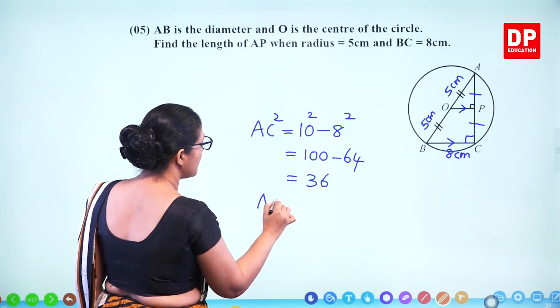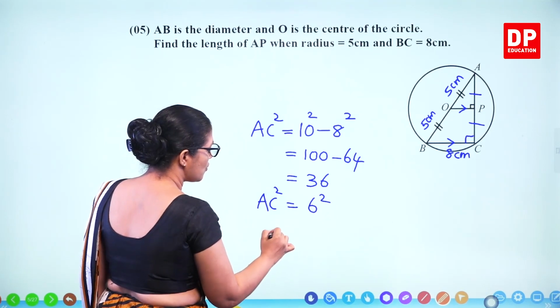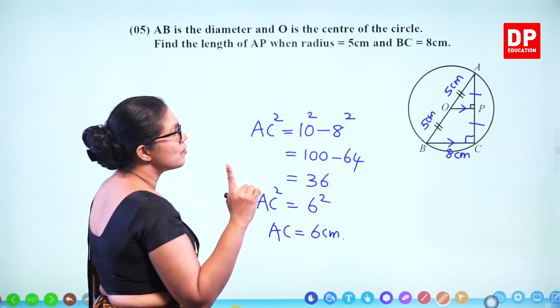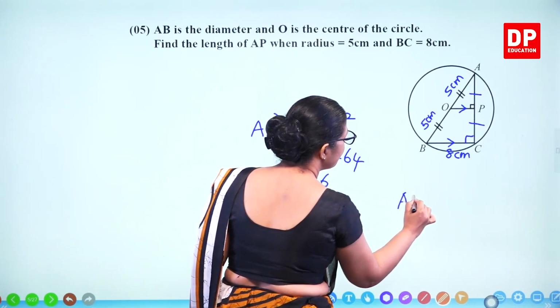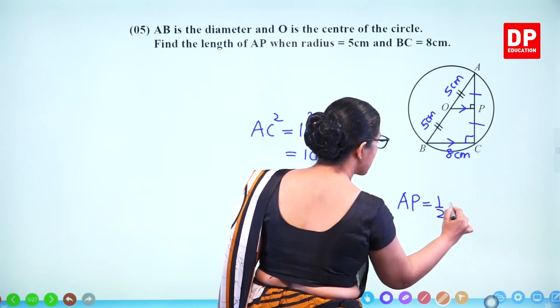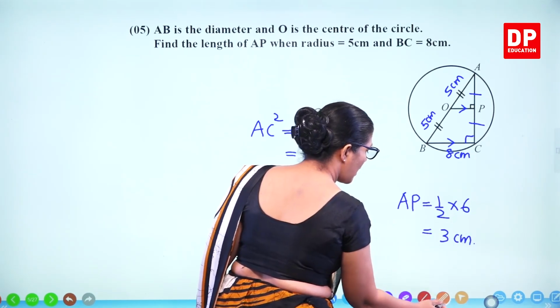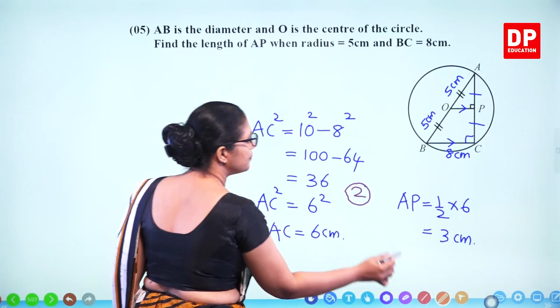The square root of 36, or 6 squared, so AC becomes 6 centimeters. So AC is 6 means AP is half of it. Half of 6, you get 3 centimeters. So that's the answer. You get 2 marks.